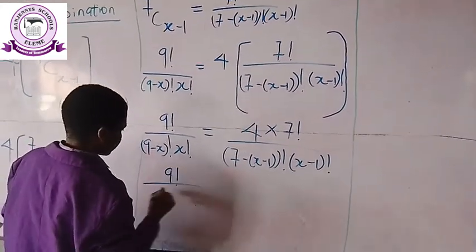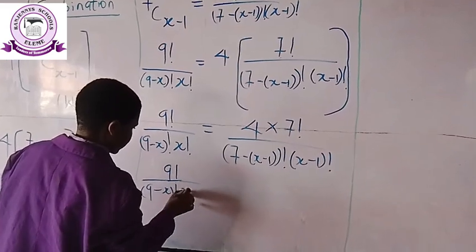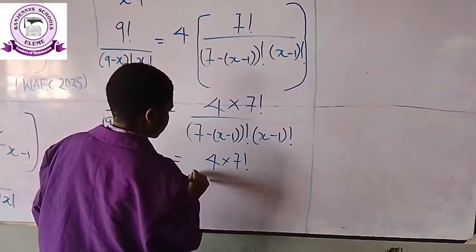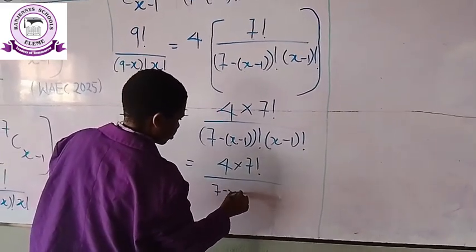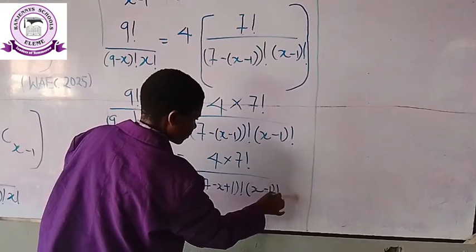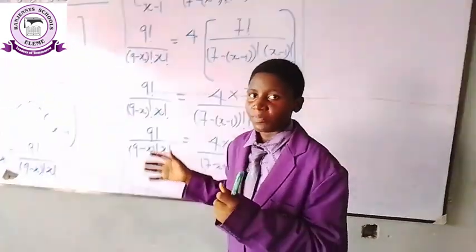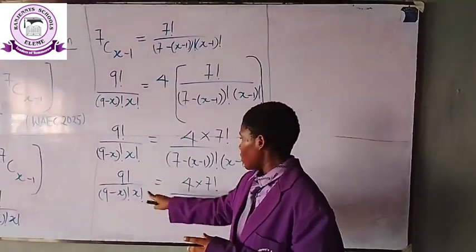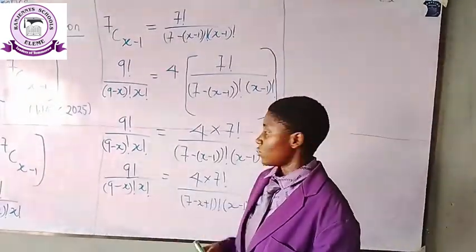Let's open this bracket: 7 minus x plus 1 factorial x minus 1 factorial. Note that the factorial attached to a number can help make the number multiply down till 1. So if I expand this 9, I can eliminate this 7.